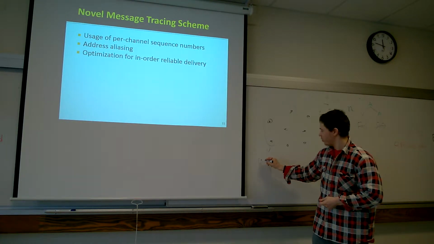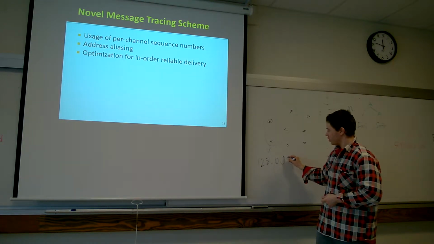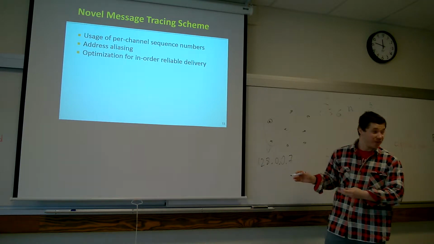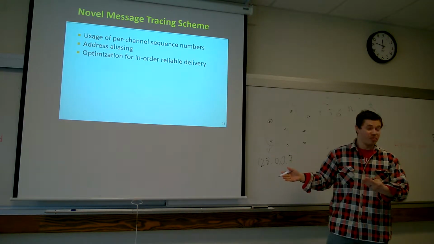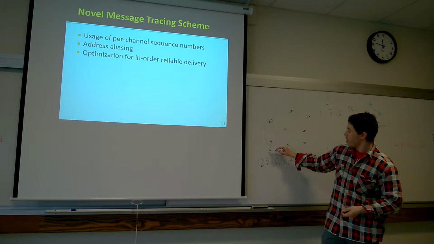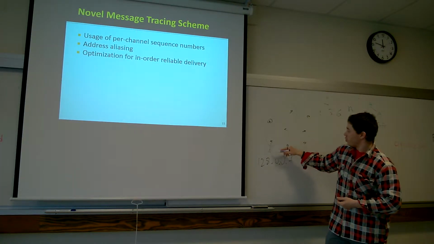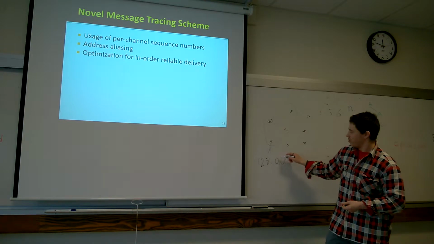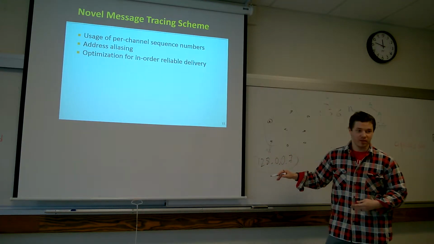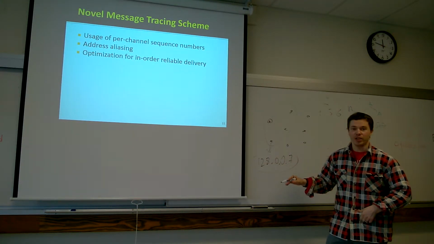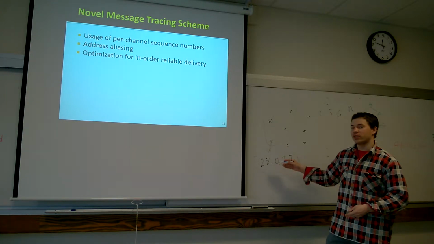The IP address will be 128.0.0.7, let's say, some IP address for this node. And therefore, in order to send a message to it, it should put this into the trace, like I send a message to the node with this IP.